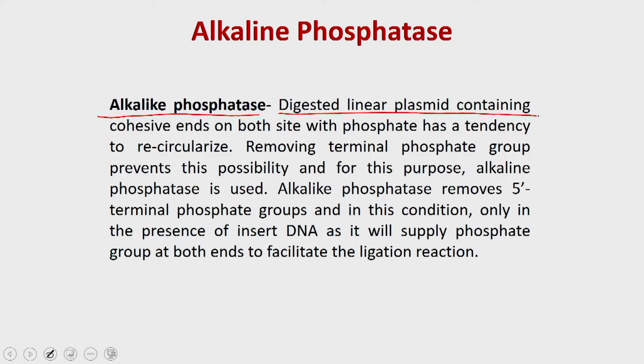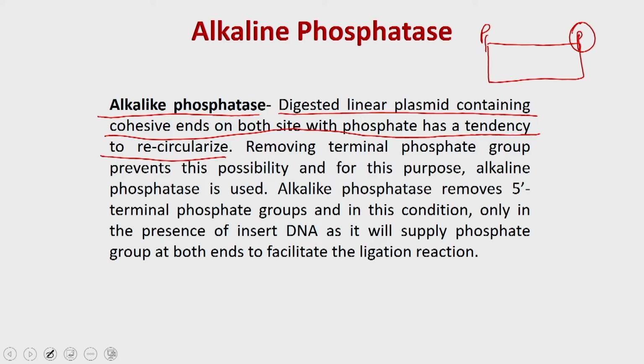A digested linear plasmid containing cohesive ends with phosphate on both sides has a tendency to recircularize, which means if you have a fragment with phosphate on both ends, these can bind to the OH groups on the other side. Because of that, if you remove these phosphate groups with the help of alkaline phosphatase, this fragment is not going to recircularize until it gets the other DNA.